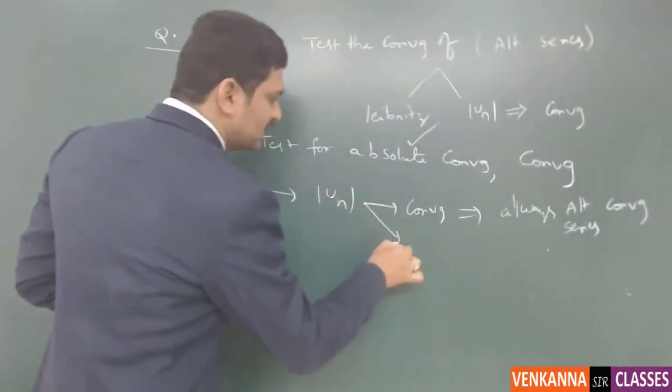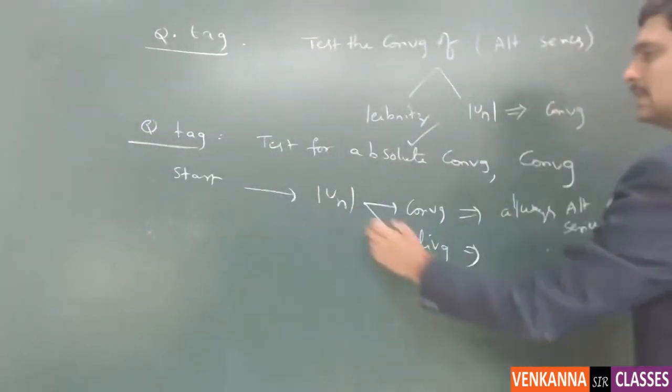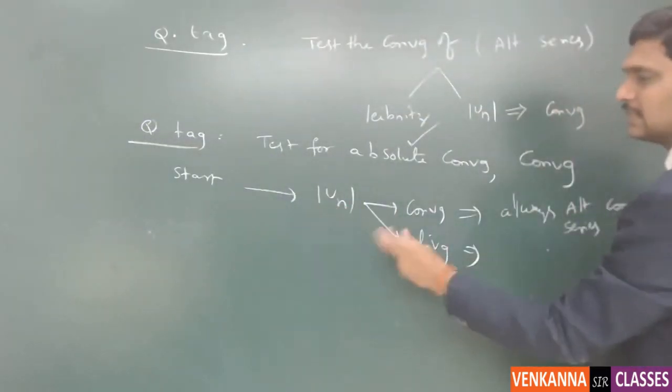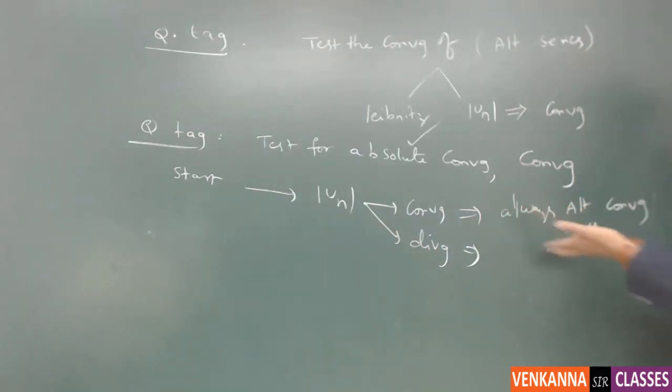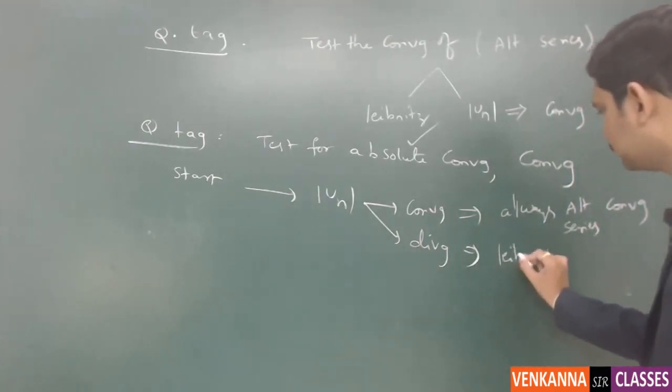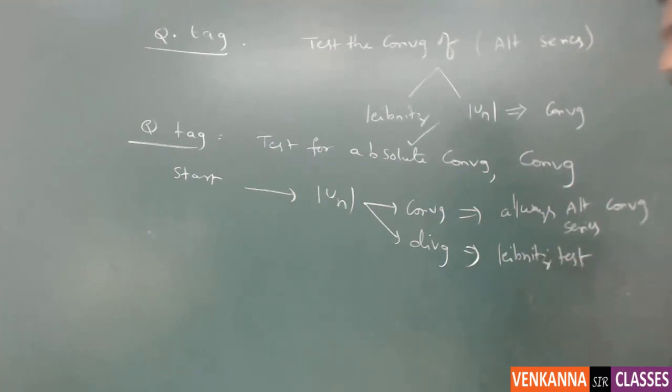If at all it is divergent, meaning since you are putting modulus, it is becoming divergent, then you need to verify whether the regular convergence happens or not. How? By applying Leibniz test. If it is convergent, then we say that it is conditionally convergent.